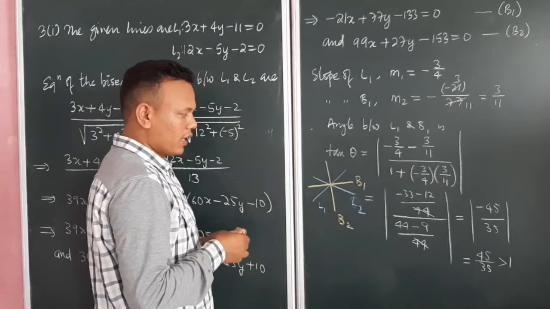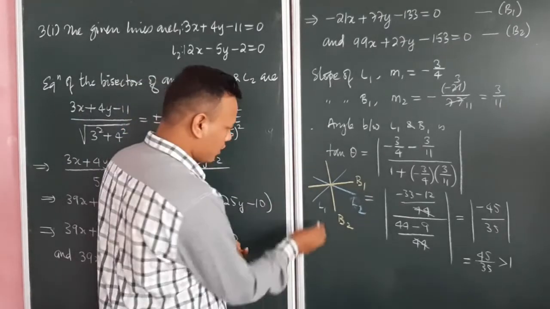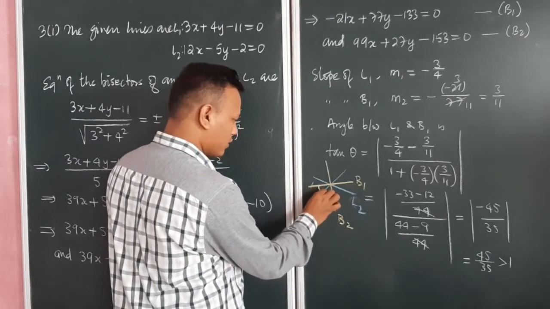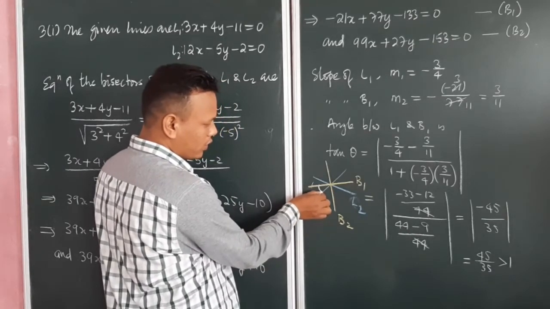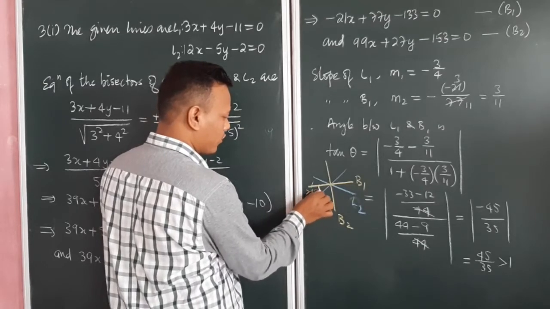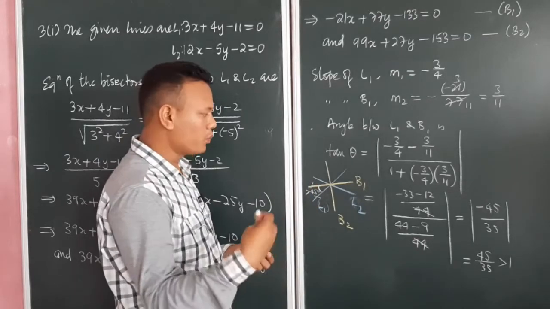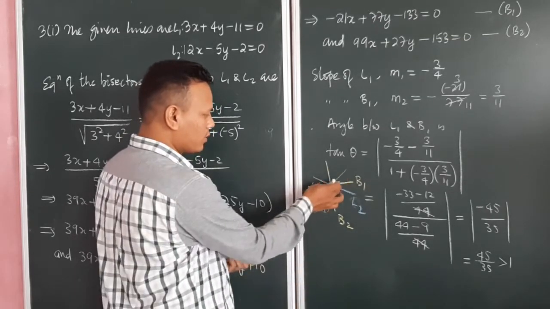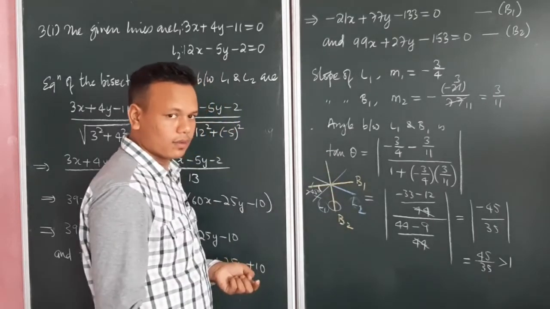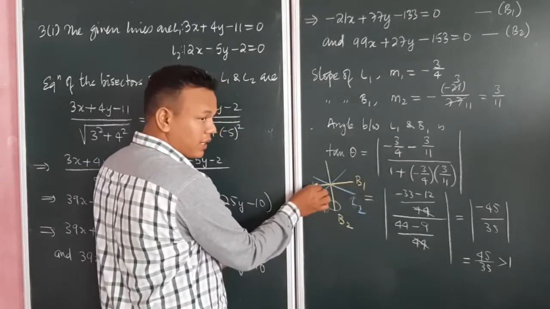Now, I have chosen L1 and B1. So this line is my L1, and this is my B1. I found that the angle between these two is greater than 45 degrees. So if this is greater than 45 degrees, then B1 is the bisector of the obtuse angle.